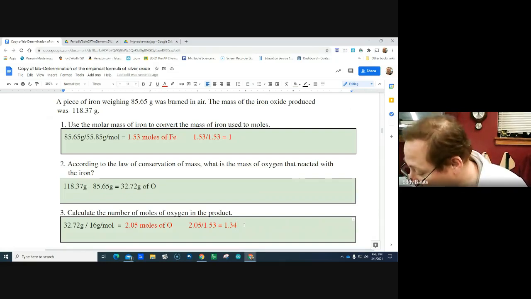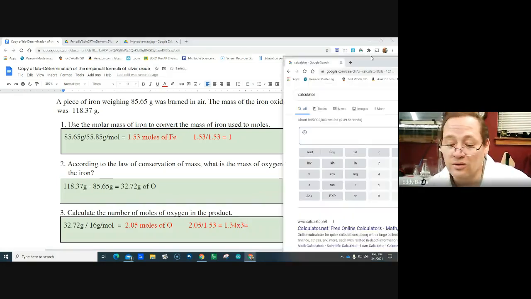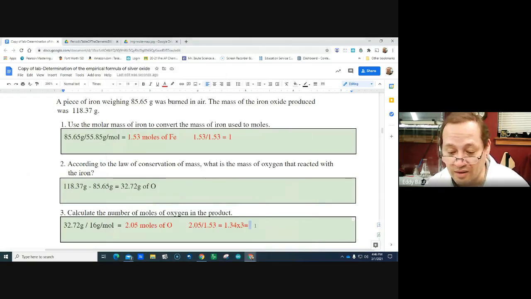I did several trials, and I found that when you multiply this number by 3, 1.34 times 3 is 4.02. That's very close to 4.